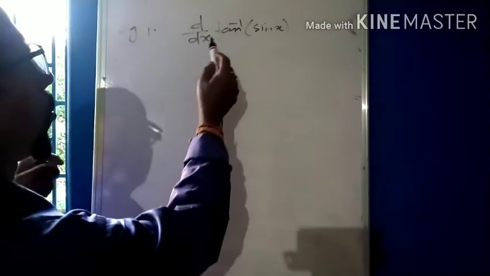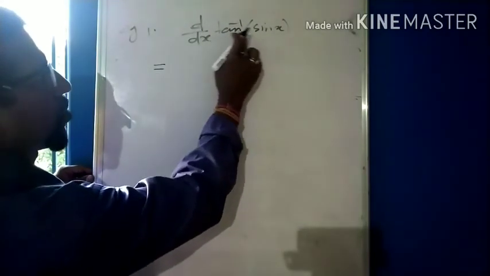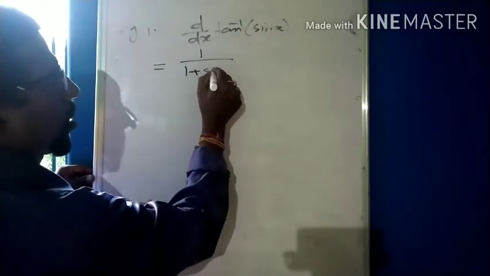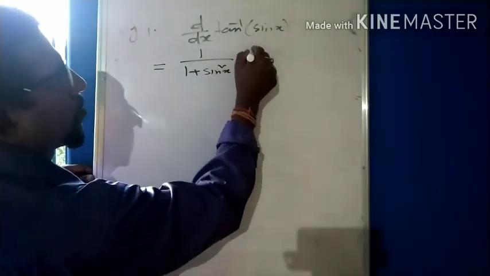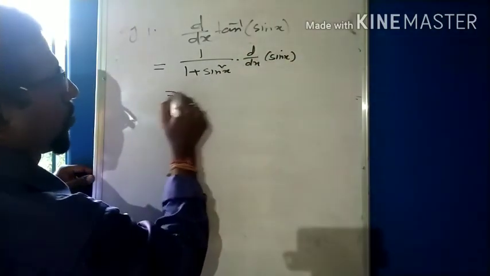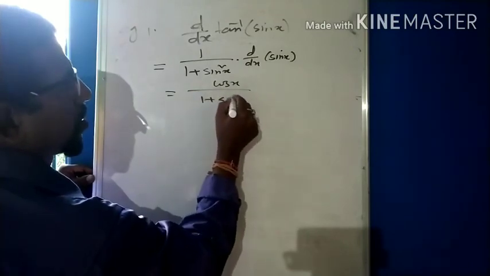Tan inverse x is 1 by 1 plus x square. So x is here sin x, so 1 by 1 plus sin square x into the differentiation of sin x. You have to differentiate again. Differentiation of sin x is cos x, so the answer is cos x by 1 plus sin square x.